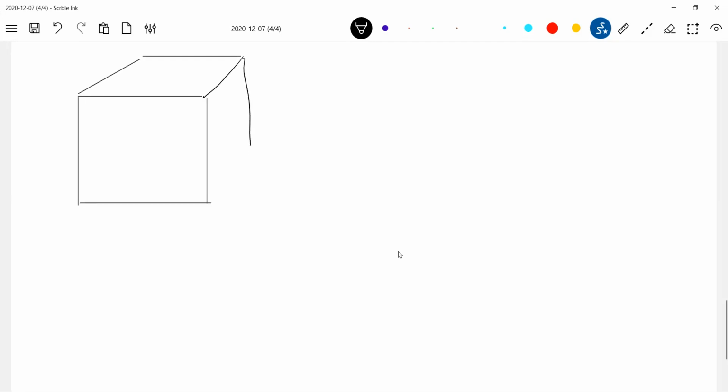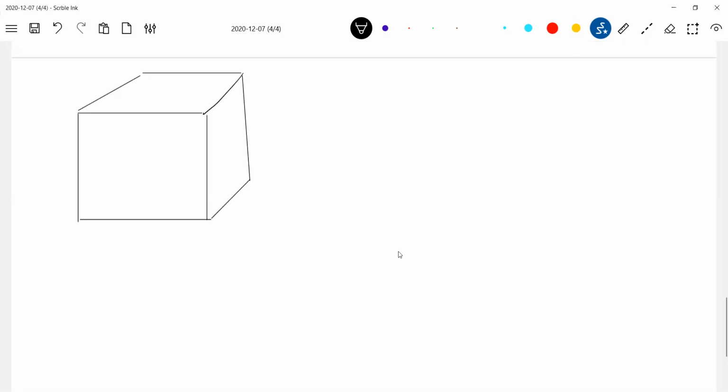So we have this x-axis, this y-axis, and let this be the z-axis. Let there be a molecule moving with a speed v. There's one wall, there's another wall.